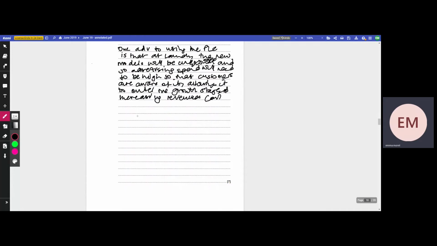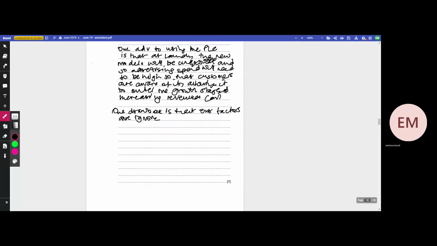So I also then want to go on to think about some of those other external factors that we've said are ignored. So one drawback is that external factors are ignored. And so we want to think of a competitor to Ford, so that we might say Honda might release a new model at the same time.